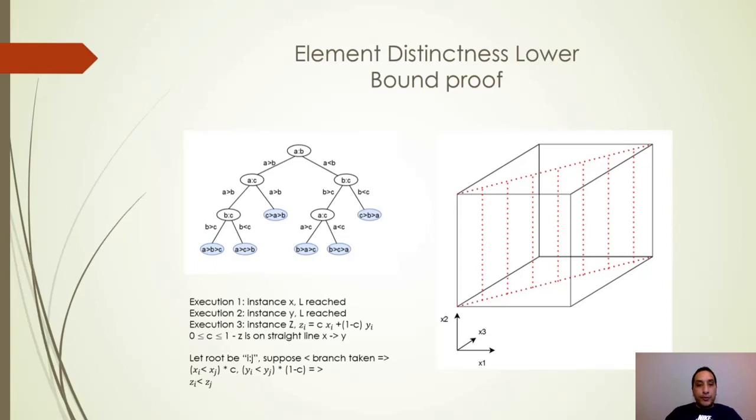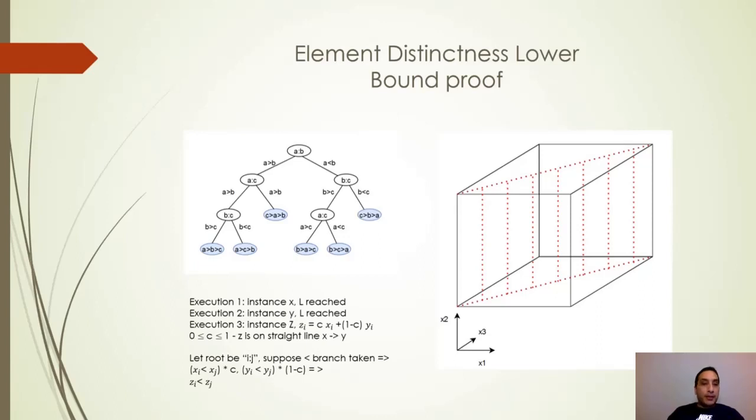And the proof to this claim is quite simple. If we take an instance x that reaches L, and we take another instance y that reaches L as well, that means both x and y are taking the same path, and we take instance z such that zi equals c, a constant, multiplied by xi plus 1 minus c multiplied by yi, where c is between 0 and 1.